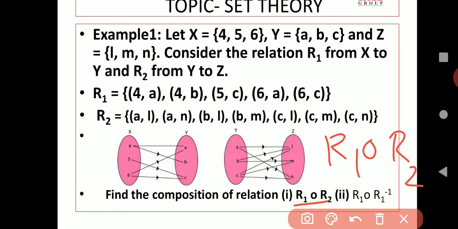We have to find the composition R1 o R2, that means the relation from X to Z.